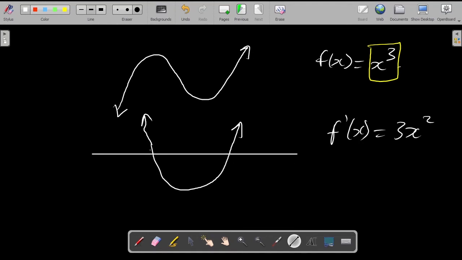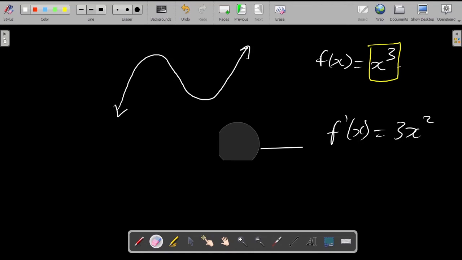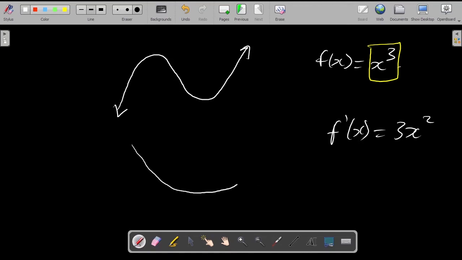If you go a step further, let me try to align these things. I'm getting to something here, so I want to make sure that the stuff is aligned. Let me do it this way.